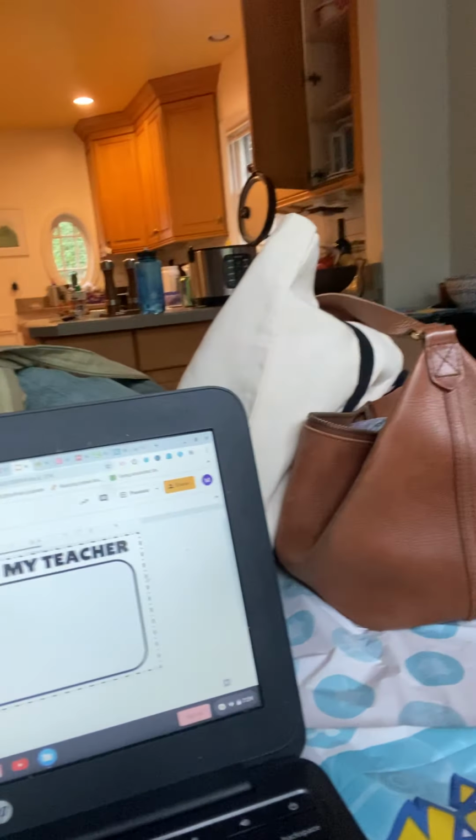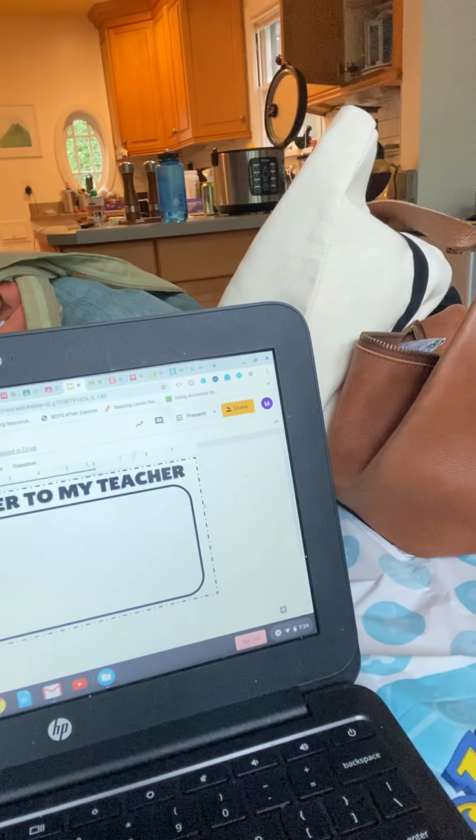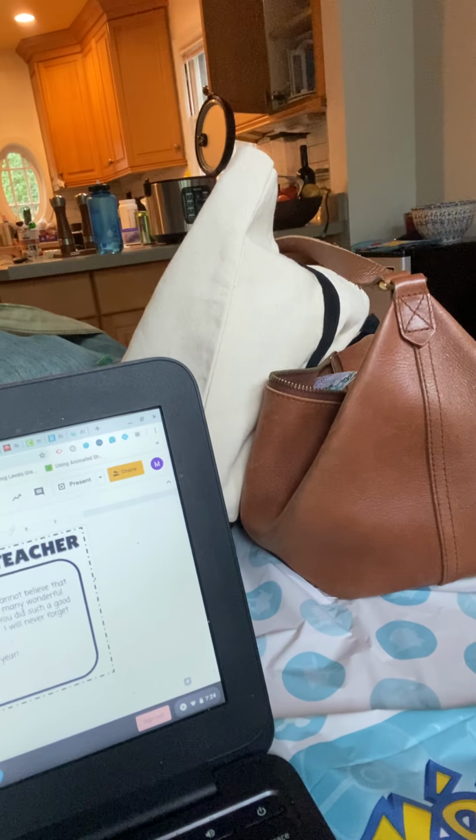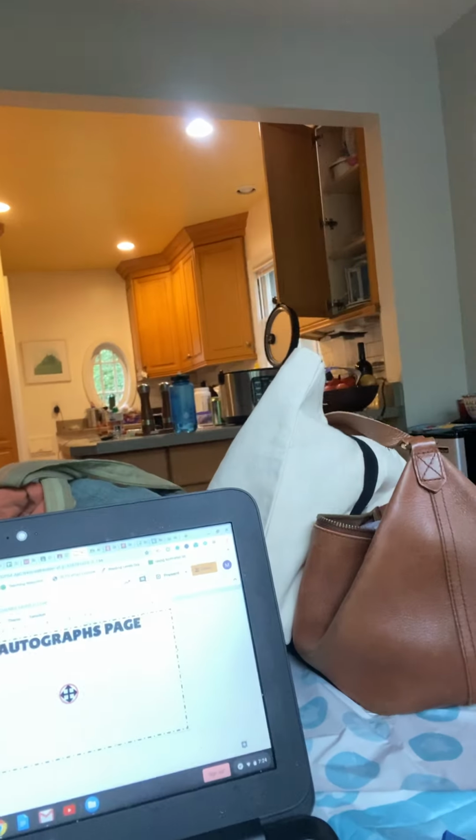Planning ahead, what are you looking forward to for next year? You can write a letter to me, which I've read some of your letters, and they are so sweet, and I love them so much. I'm going to read everybody's, and I'll leave you a comment back. And then I have a letter to you guys that you guys can read. And then if we ever get to see each other again, you guys can print these off, bring them to school, and all your friends can sign it.